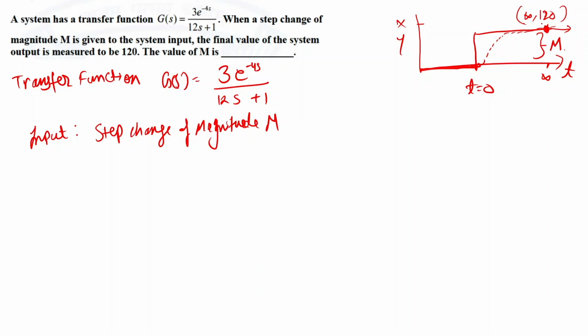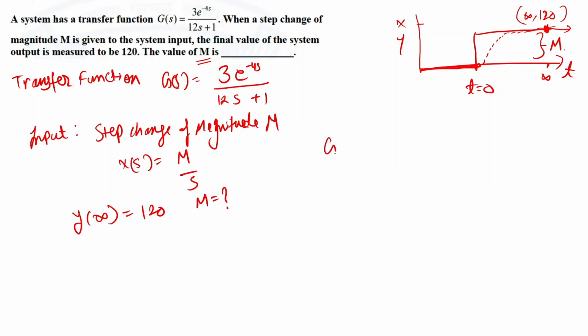Over 120 it will become constant, and this step change is of magnitude m. Corresponding to the step change we can write the input x as m upon s, and in the question we have been asked to find the value of m. We have been given y of infinity is 120.